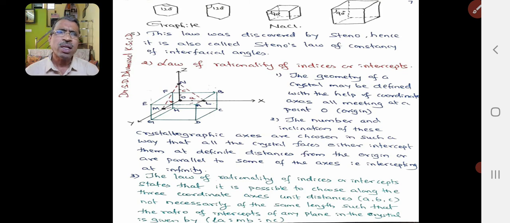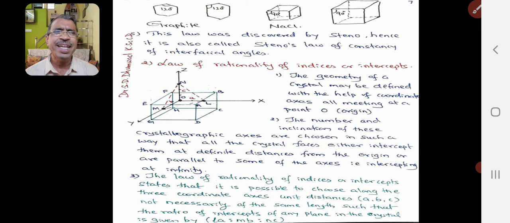Coming to the second one, the law of rationality of indices or intercepts. Now, here I have shown a diagram. Carefully observe the diagram. The geometry of a crystal may be defined with the help of coordinate axes, all meeting at a point O. That means O is a point where all three coordinate axes, that is the x-axis, y-axis and z-axis, meet.